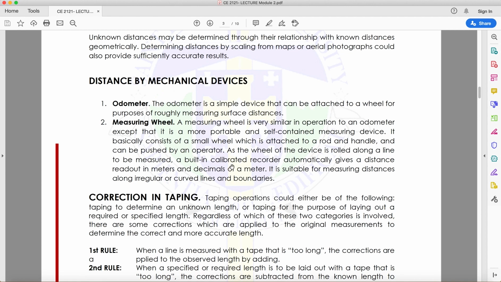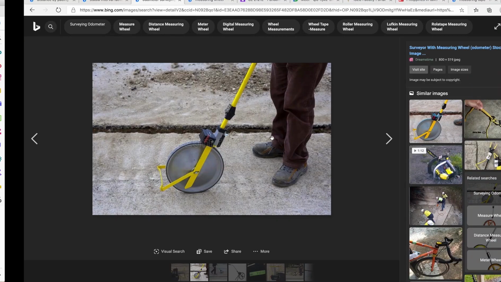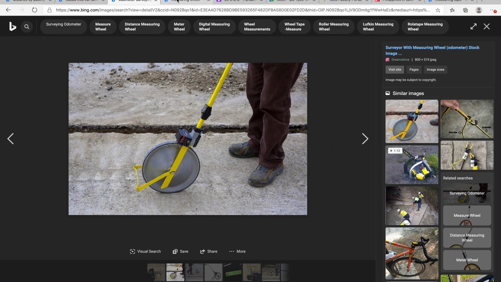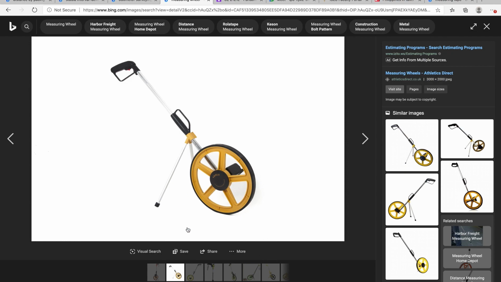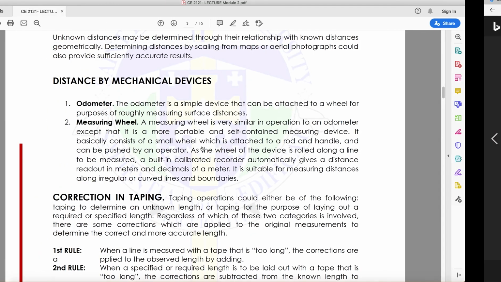A built-in calibrated recorder automatically gives a distance readout in meters and decimals of a meter. It is suitable for measuring distances along irregular or curved lines and boundaries. So actually, they are quite similar in appearance.